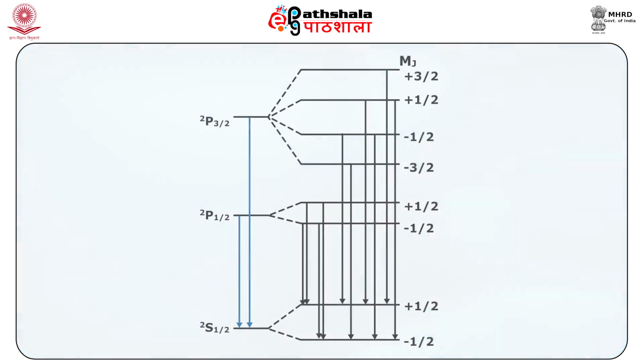In the presence of a magnetic field, instead of 2 lines you observe 10. There is a possibility of 12 lines, but only 2 are forbidden: Mj equal to minus 3/2 to plus 1/2, and Mj equal to plus 3/2 to minus 1/2.